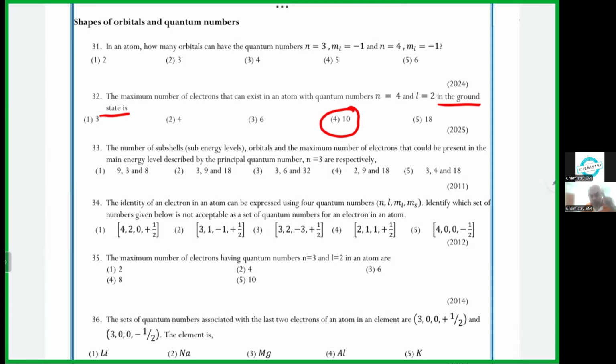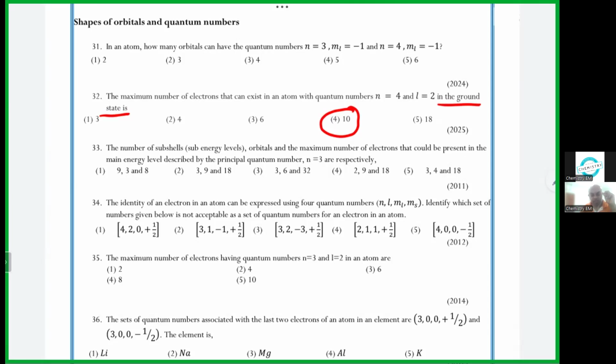When l is equal to 2, ml values are minus 2, minus 1, 0, plus 1, and plus 2, so 0 can be there. The spin quantum number is minus half or plus half. That is correct, so the first one is acceptable.